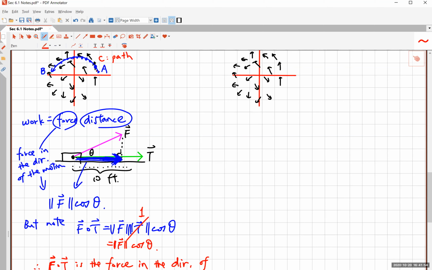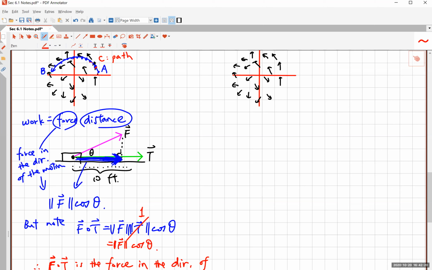Because at every single point of this path C from A to B, you can find the tangential component, which is this blue arrow, the tangential component of the vector field, which is applied in the tangential direction as the boat moves from A to B. At every single point, you can calculate it.